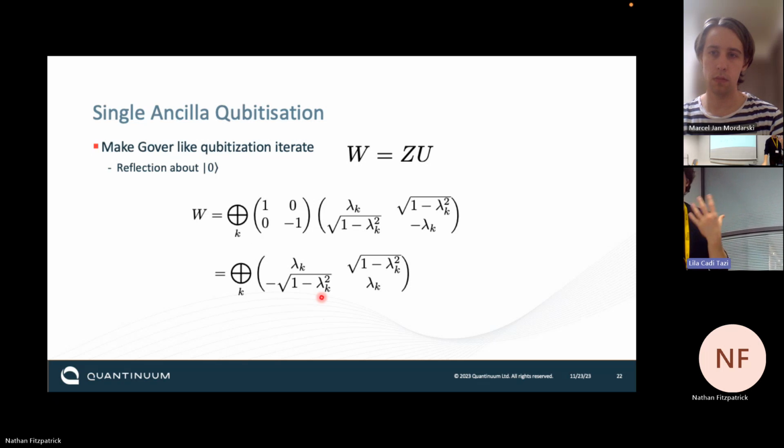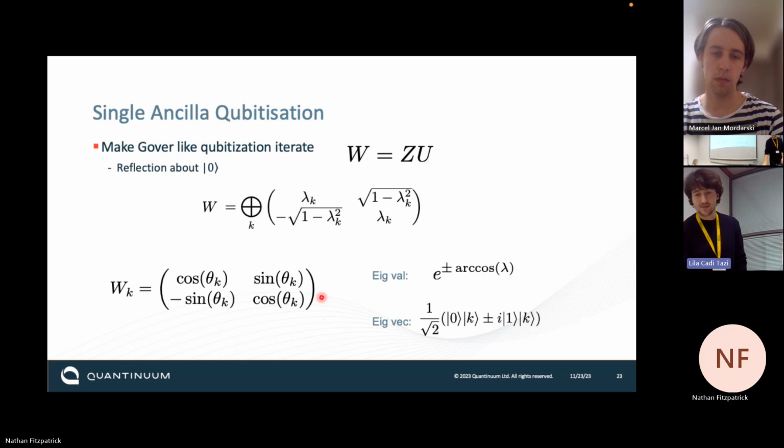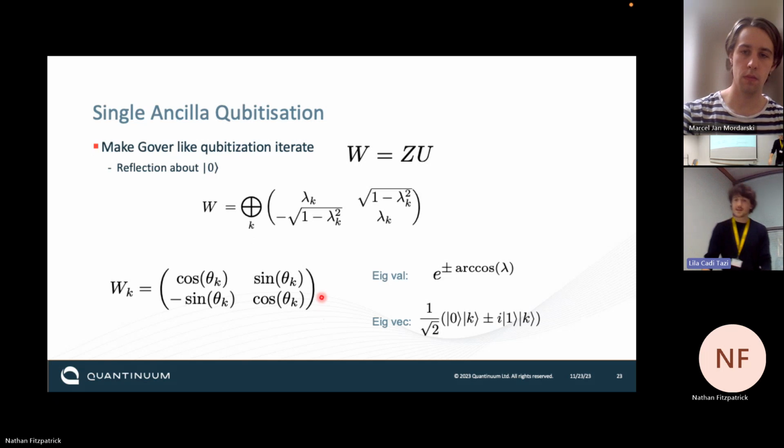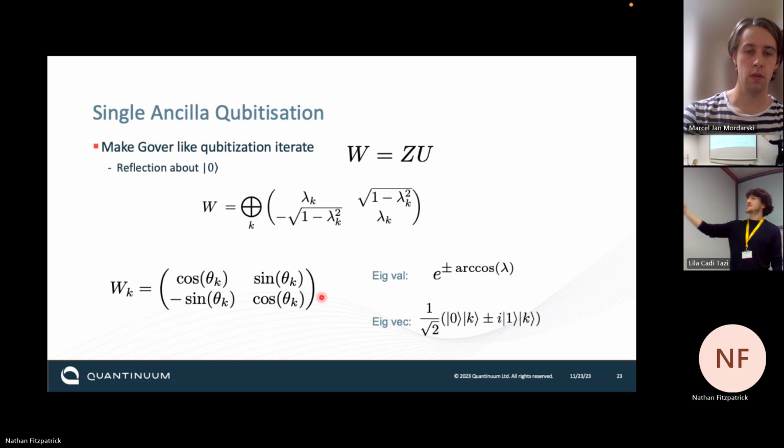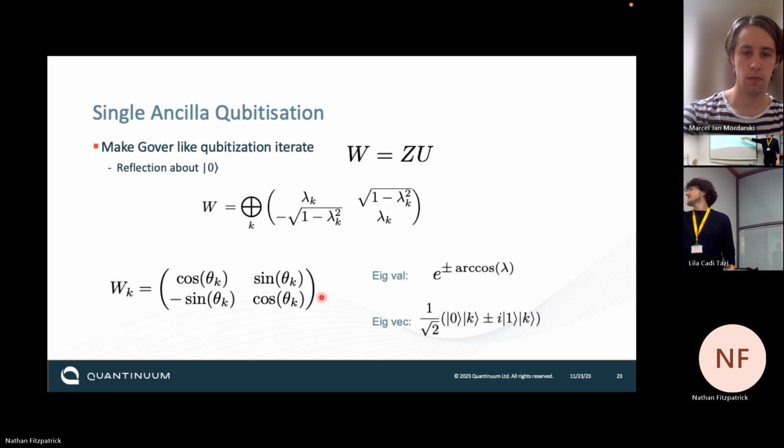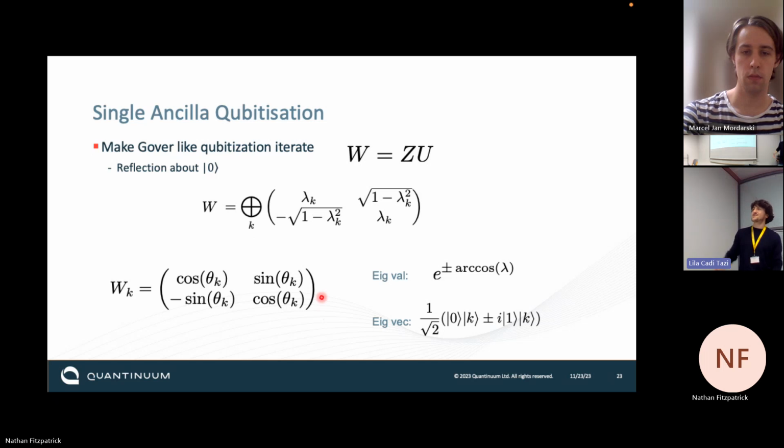Now we have a rotation because we've added the Z U. You can see we can represent this as an RY, where we take our eigenvalue and make it equal to cosine theta k, and the signs are related in the same way. There's this clever identity, I guess: when you have this symmetric matrix, you can represent its eigenvalues like this and its eigenvectors like this.